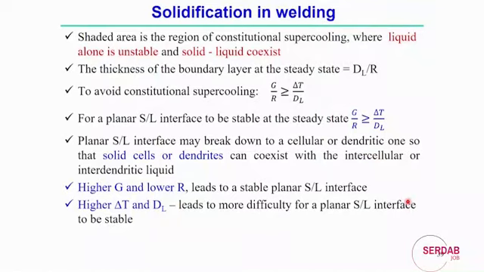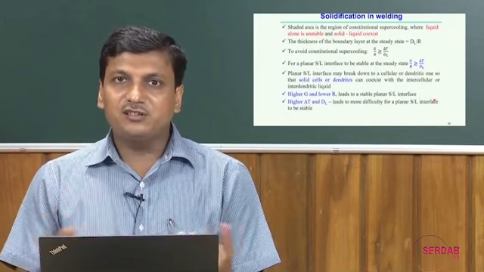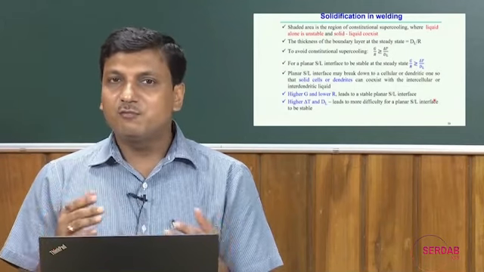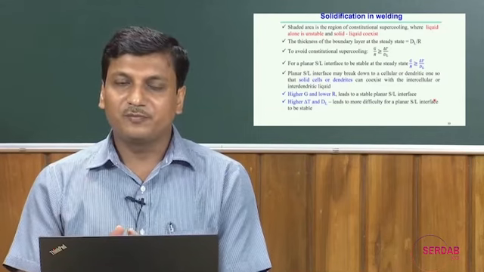So, higher G and lower R lead to the planar solid liquid interface. That means if the G by R ratio is very high, the solidification mode is a planar solid liquid interface.